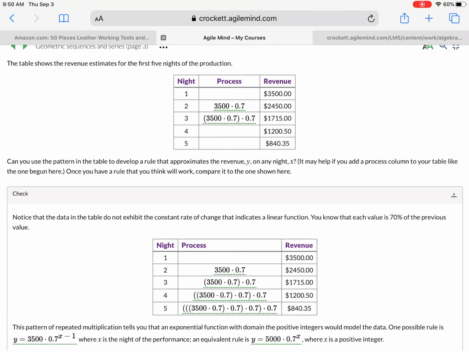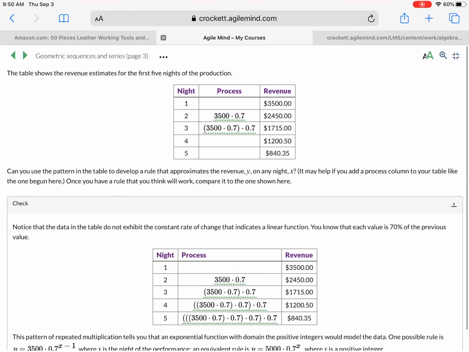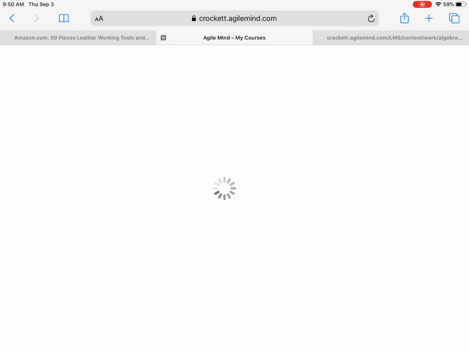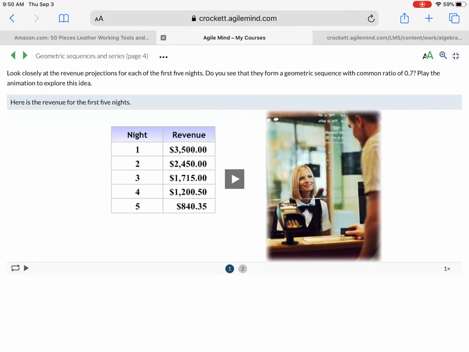All right, let's see. What's next? All right. Look closely at the revenue projections for the first 5 nights. Do you see that they form a geometric sequence with a common ratio of 0.7?